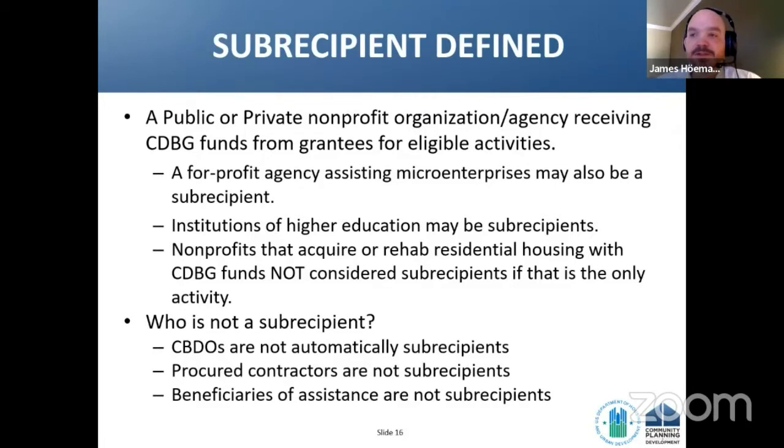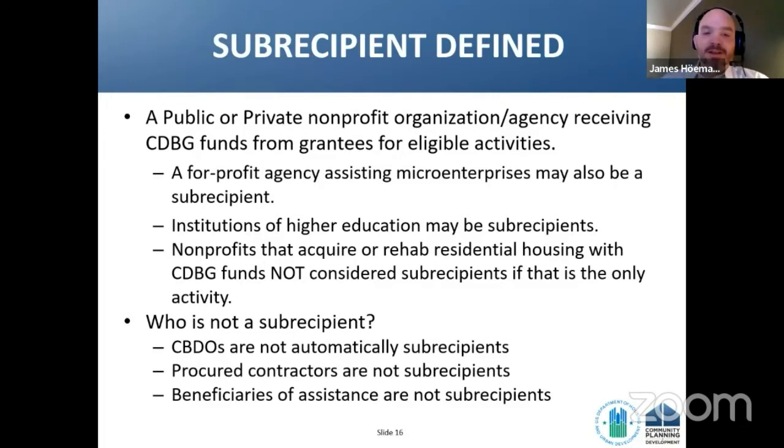It also exists for our Hawaii grantees as well as our insular grantees. And that's kind of broken down where you can look using for-profit agencies that assist with those micro enterprises or institutions of higher education or higher learning, depending on how you want to look at that.